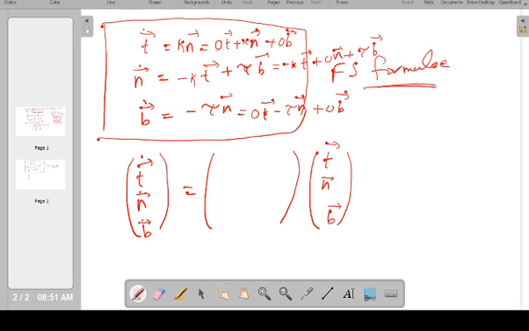If you pick these coefficients, you will get the first row 0 kappa 0, the second row minus kappa 0 tau, and the last row 0 minus tau 0.